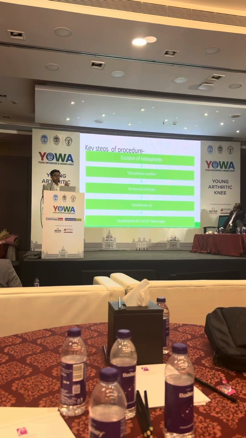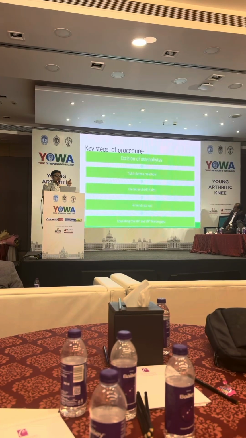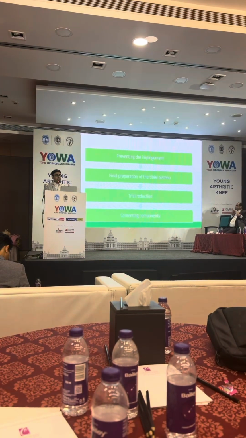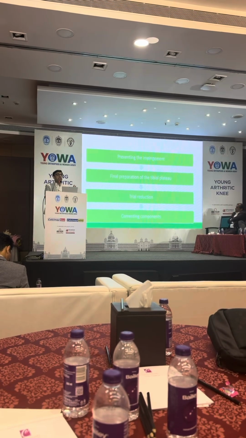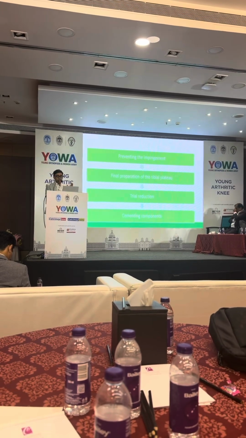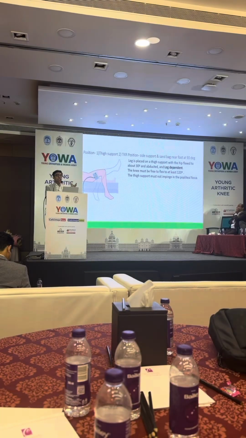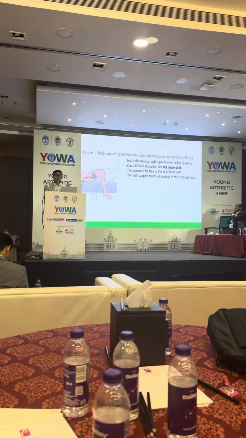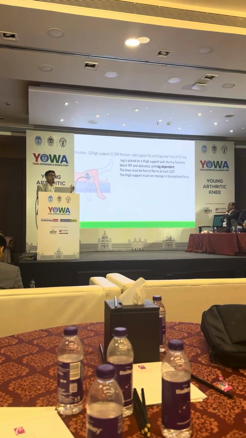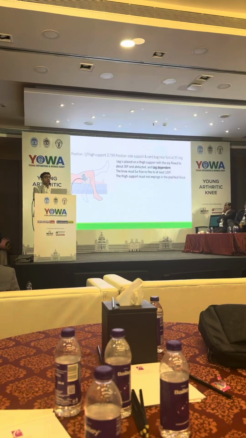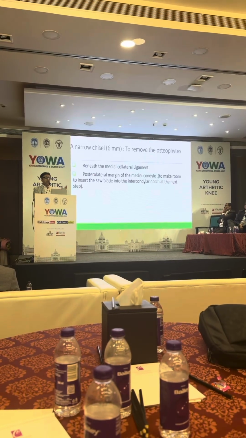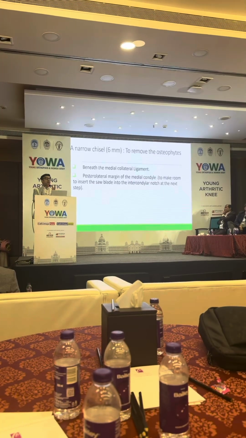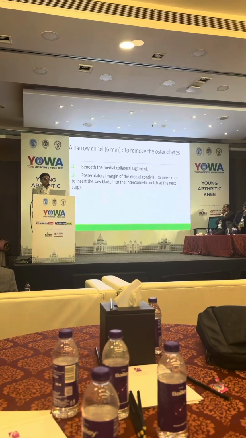We classically equalize at 90 and 20 degrees, because in full extension there will be stability from the collaterals. So balancing at 20 degrees was classically given for the Oxford. However, for the fixed bearing, we balance at 0, 30, and 90, and in robotics it balances at each different range of movement, as was shown.